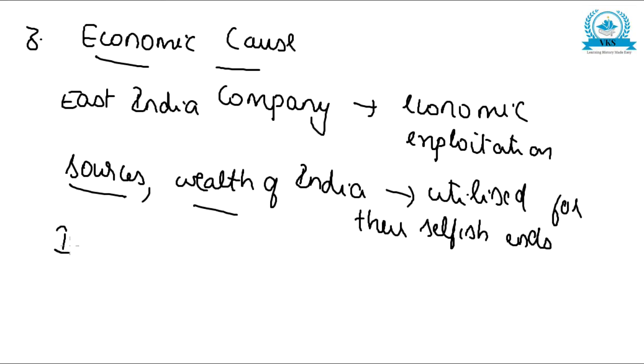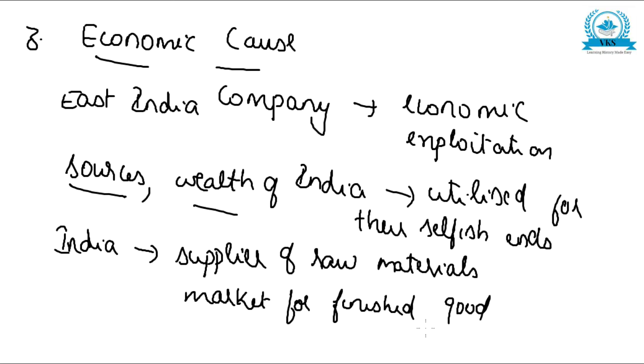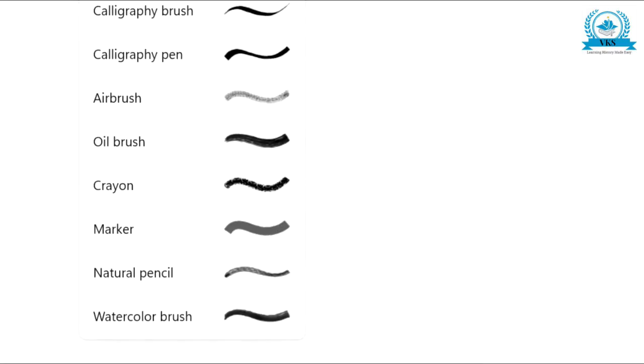According to them, they converted India into a supplier of raw materials. India was considered as a supplier of raw materials and also a market for their finished goods. So when all the raw materials were taken by them, our artisans and craftsmen became unemployed.